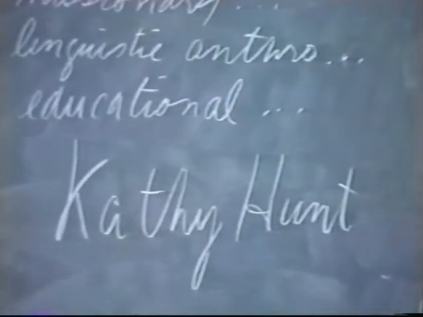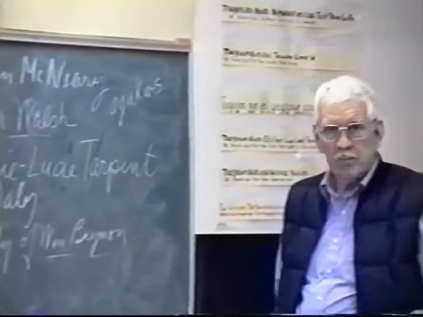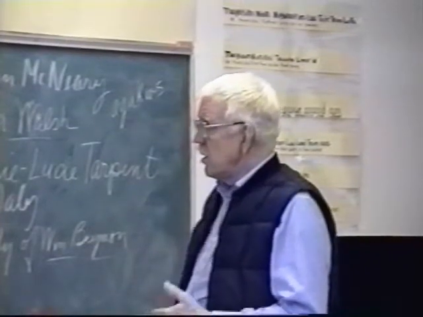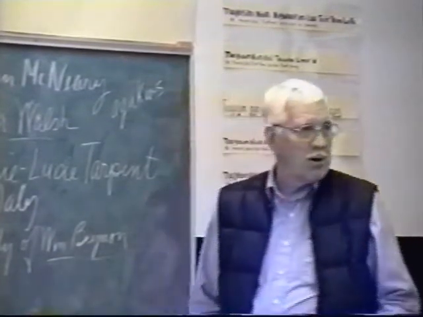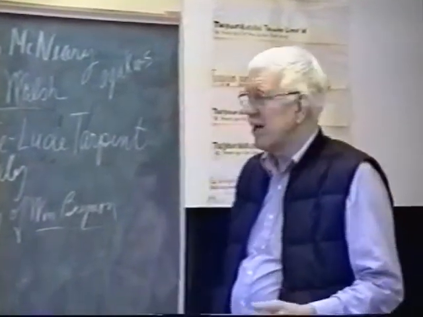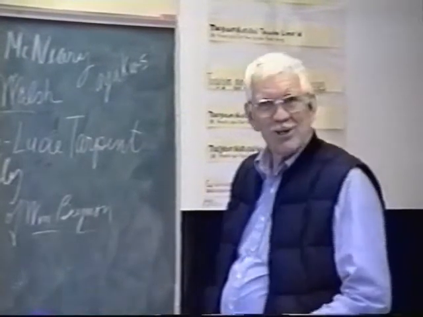She's a student, or was a student in linguistics at University of British Columbia. Must have started about the mid-1980s. She's from my part of the world. She's a Kiwi from New Zealand, so when we've been together before, we can talk our kind of English and understand one another.